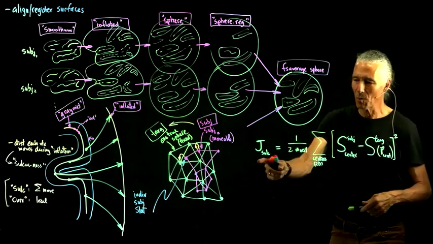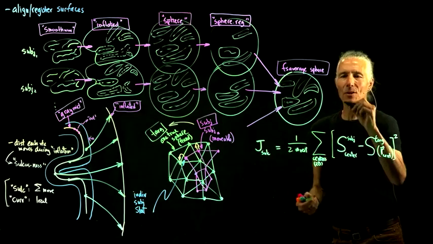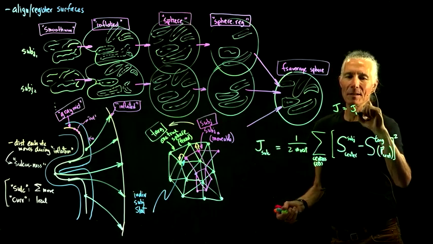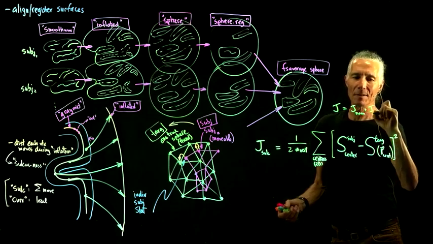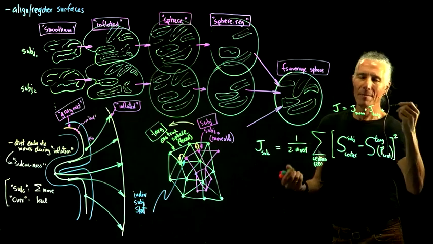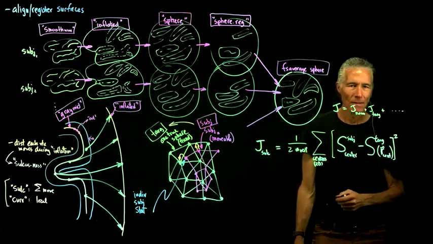So remember we had the total J equals a normal J plus a tangential J, that was the squishing one, plus a bunch of other ones. So this is just another one that we're adding in there.